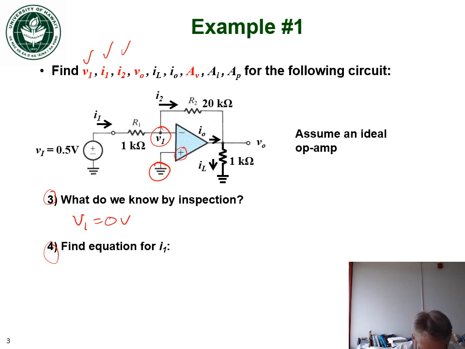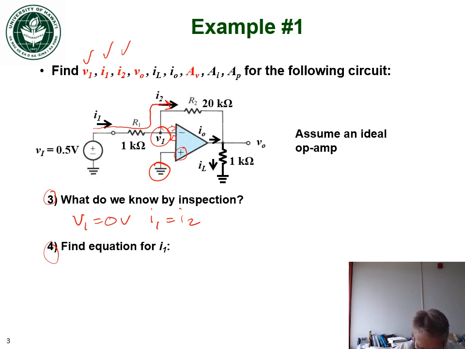And we also know by inspection that I1 is equal to I2. That is, all the current flowing in I1 flows into R1 and then into I2. Because the input resistance to our op-amp is infinite, no current flows into the op-amp, so all the current I1 has to flow into I2.